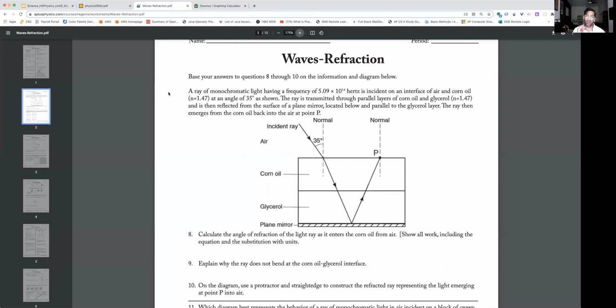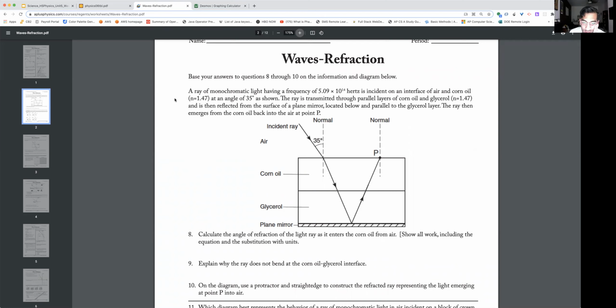Now, I want to use this as a clearer example of what I was talking about with normals, incident and refracted rays, different media, and the index of refraction. So we can calculate all the changes in the angle of the light that happen through here. We have 3 different layers here.